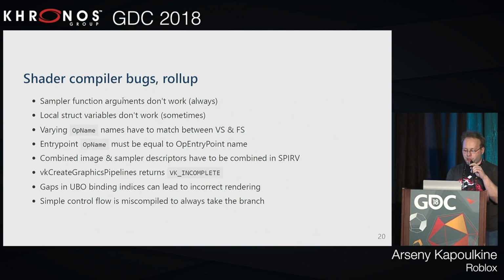The last one was cute: our UI shader, which is like 5 instructions, had a branch in it because of reasons, and the driver did not compile the branch correctly. In general, it's been a bit painful. Most of these only surface with the HLSL pipeline or SPIRV-opt. So this has been more painful for us in terms of future ongoing development.